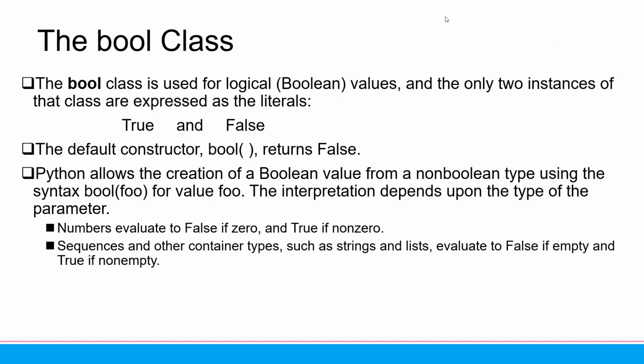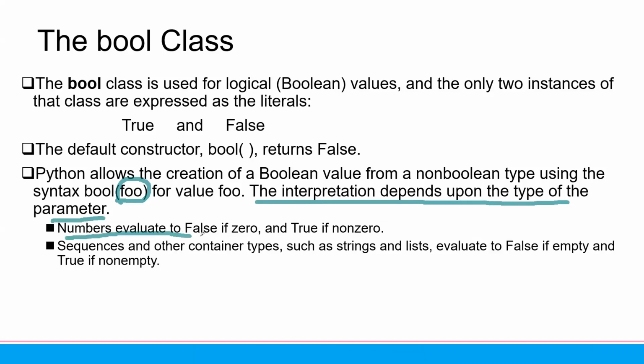Python allows the creation of a Boolean value from a non-Boolean type. If suppose I have a variable or a function foo, so what I explained before, we have bool(x). So it will automatically assign into that class. So the interpretation depends upon the type of the parameter.